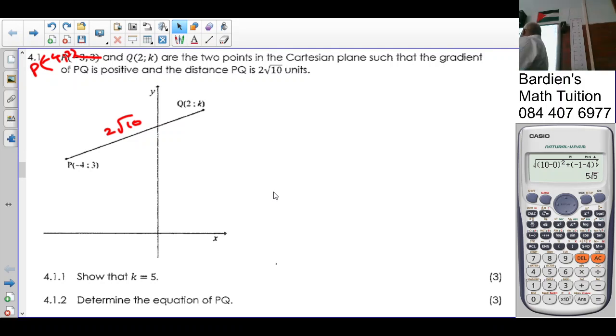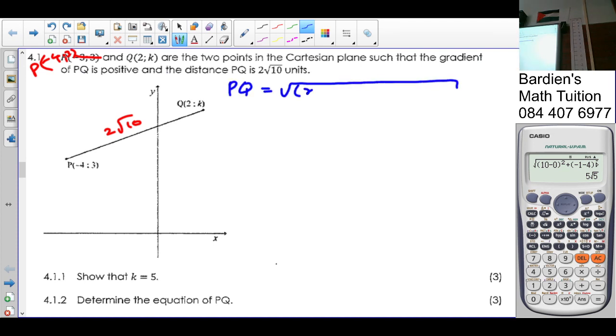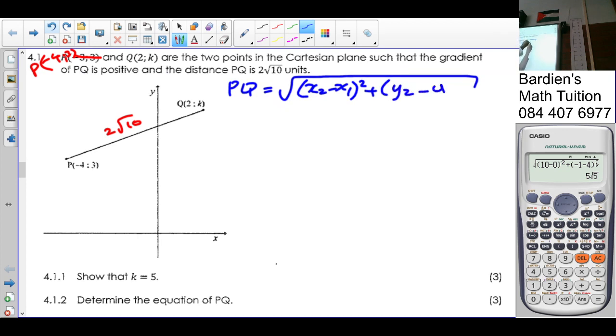So definitely we're going to use the distance formula. Why? Because the distance is given. So PQ's distance is going to be the square root of x2 minus x1 squared plus y2 minus y1 squared.